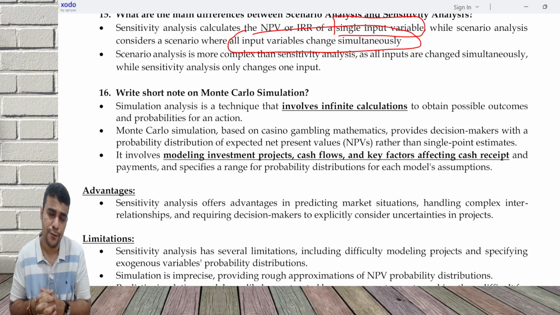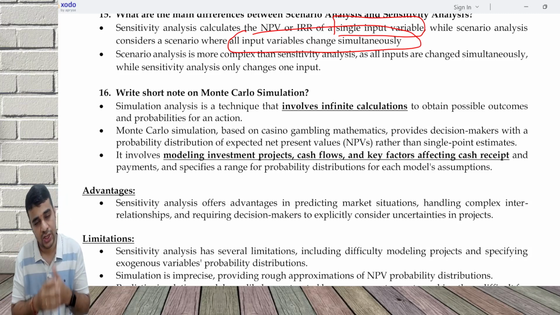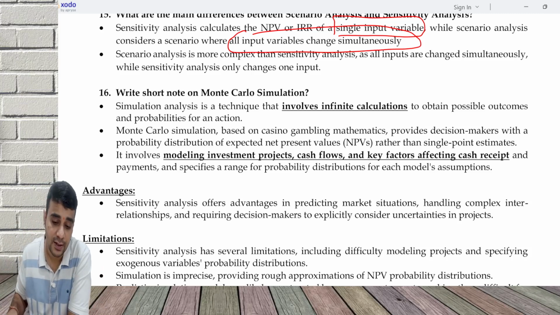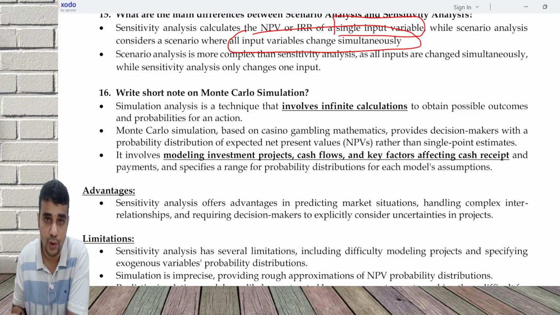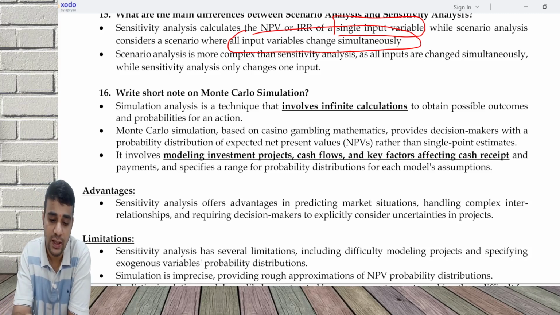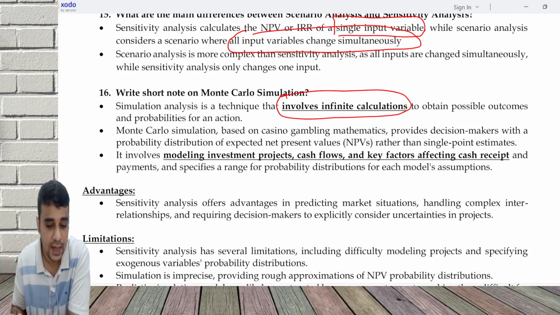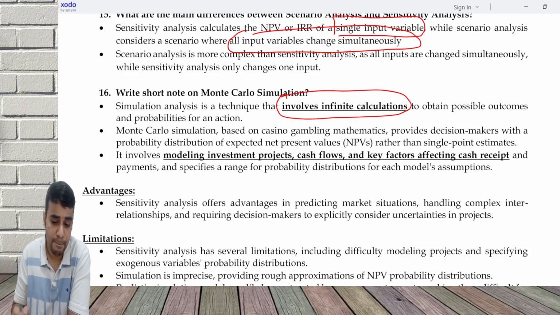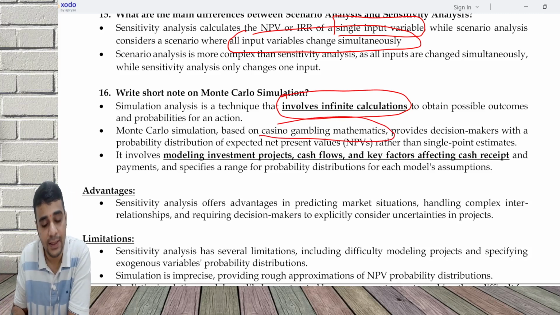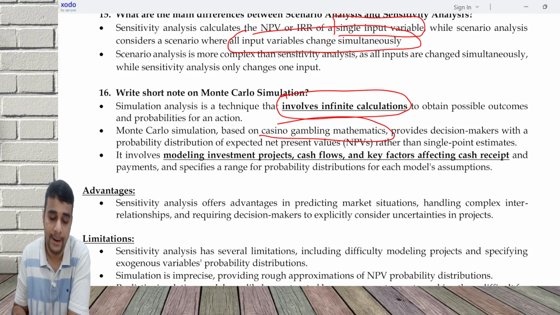So there are a few factors which can change and there are factors which may not change. For the factors which are likely to undergo changes, I want to do infinite calculations. I can go through Monte Carlo simulation, based on casino gambling mathematics, which provides a probability distribution of expected NPV.